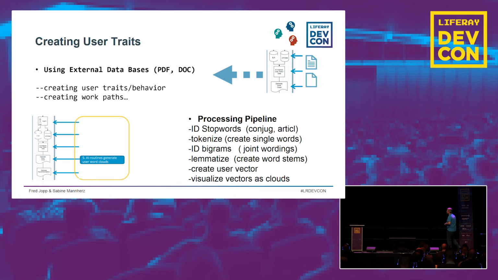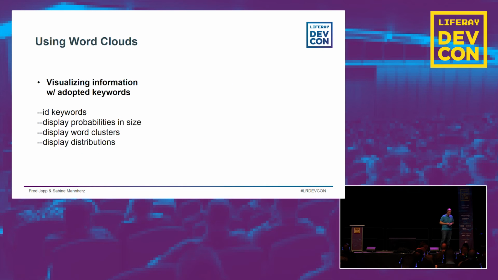So how does this visualization look? First of all, we took an approach that is very intuitive in that context: word clouds. You visualize information with adopted keywords and arrange them in a kind of display. You identify the keywords and display their probabilities by size, meaning the bigger the word is in a word cloud, the more probable it is within the whole context of the user.